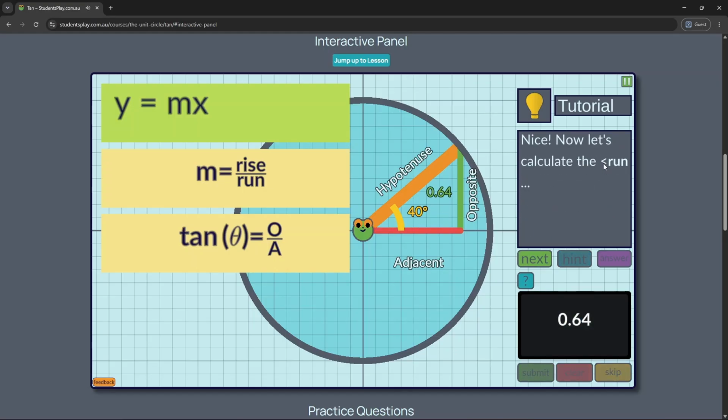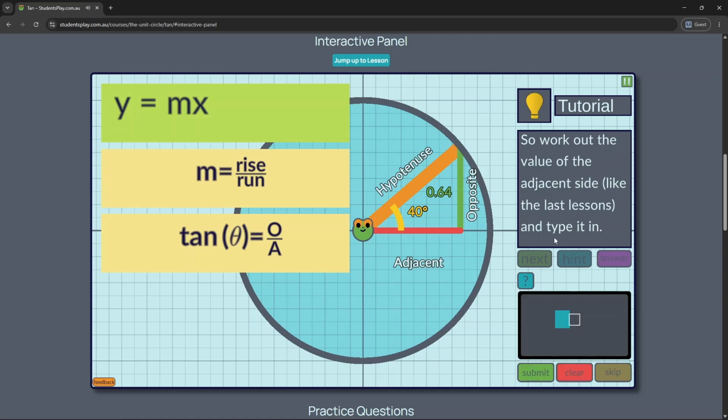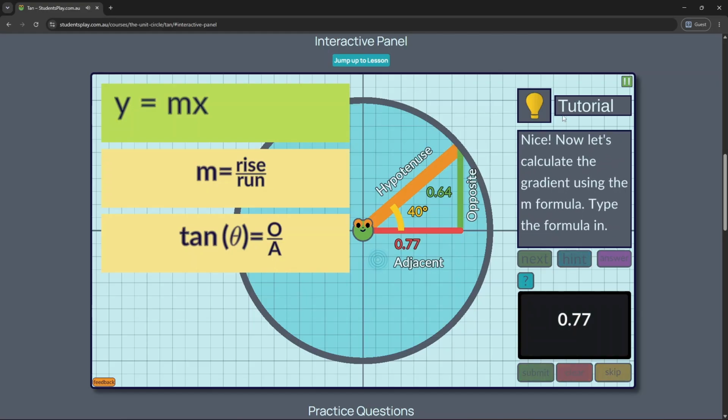As you can see, the run is actually the same as the adjacent side. So work out the value of the adjacent side, just like the last lessons, and type it in. Okay, so cos this time, cos 40, 0.77.